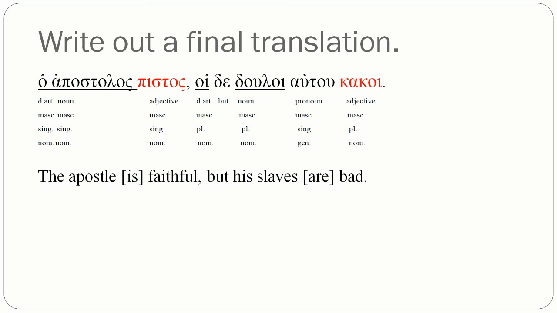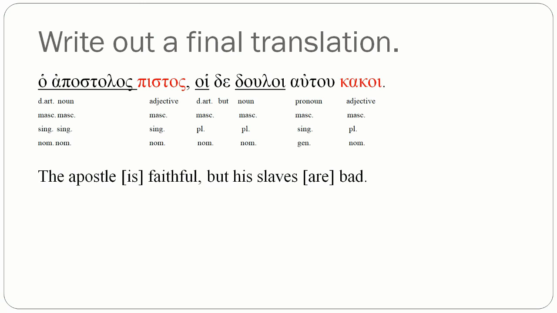Okay, ha apostolos pistos. The apostle is faithful. Okay, that is nowhere in the Greek. You have to supply it, and you can do that because of pistos being outside of the article noun group. Okay, pistos is predicate, therefore it needs to have a verb supplied.